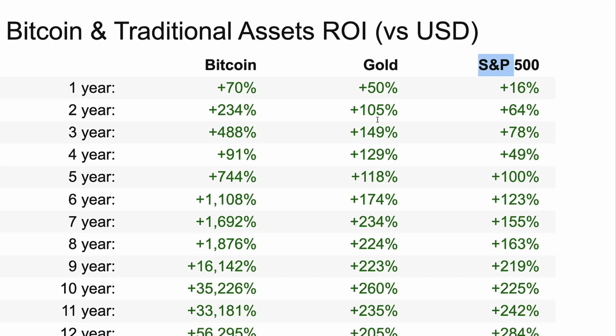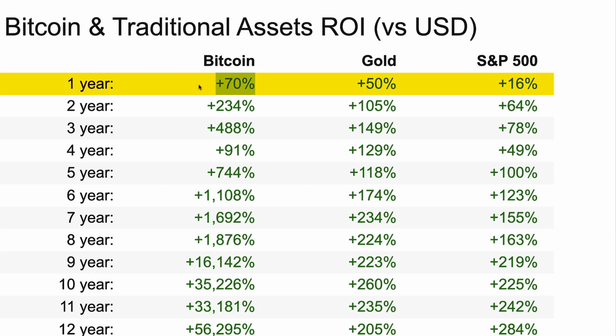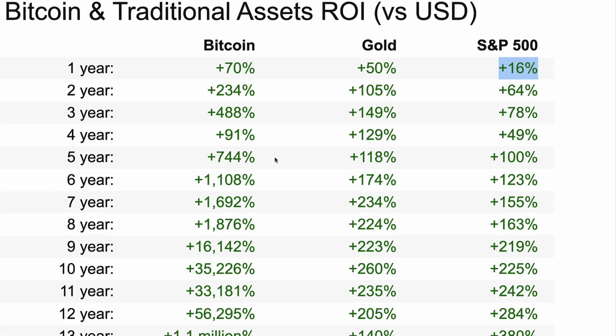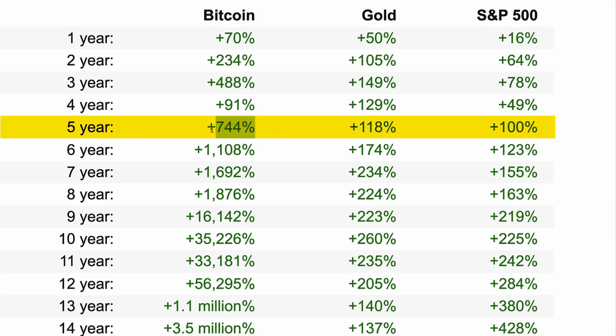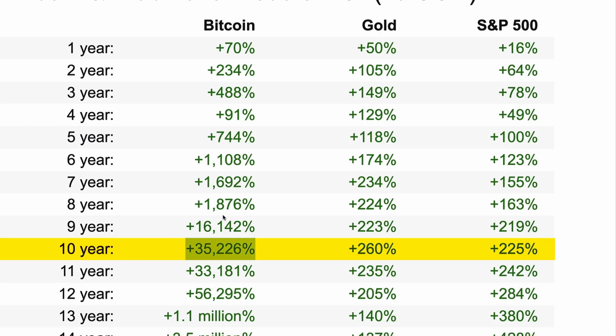Just to give you some examples, in 1 year Bitcoin up 70%, gold 50%, S&P 16%. 5 years, Bitcoin up 744%, gold 118, S&P 100. In 10 years, Bitcoin is up more than 35,000, gold and S&P only 260 and 225%.